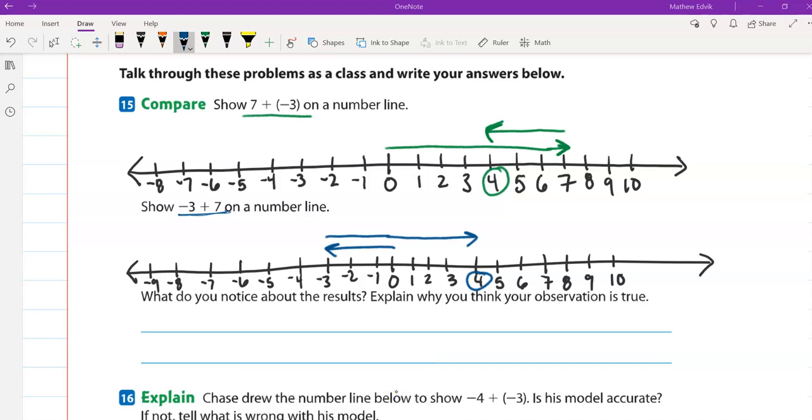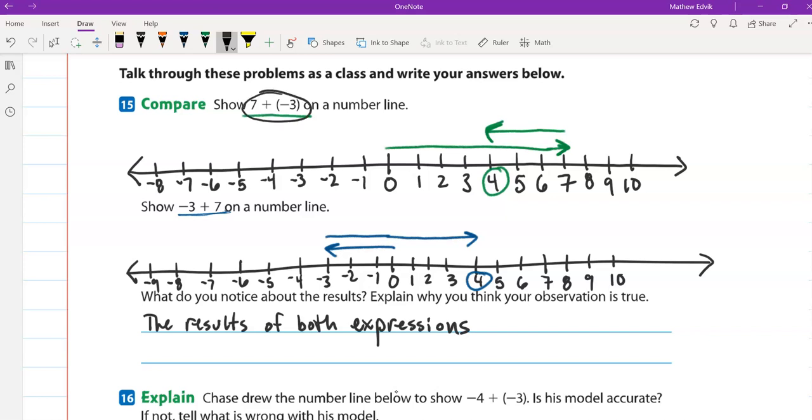Okay. So I am going to write what I notice about the results is that the results of both expressions, and that's what this is.